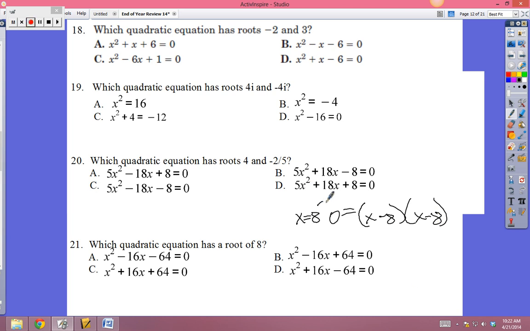Because if you put 8 in for x in both of them, that's going to give you your zeros. So x minus 8 times x minus 8 is going to be x squared minus 8x minus 8x. Minus 8 times minus 8 is a plus 64. So minus 8x and a minus 8x, we got x squared minus 16x plus 64. And that's going to give us our 0, and that one matches up with B.